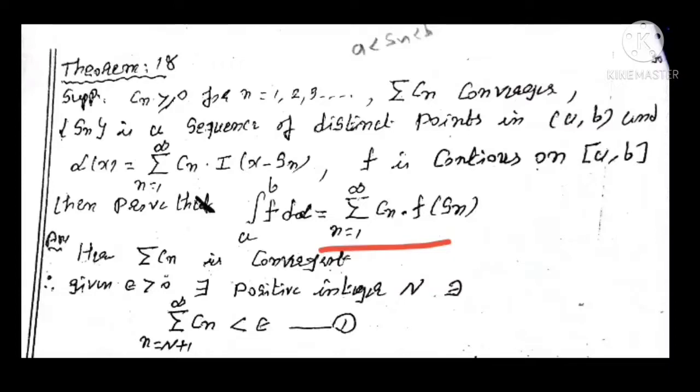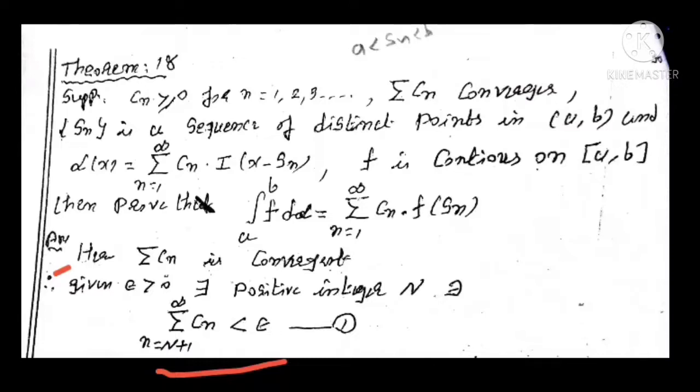Here sigma Cn is convergent. So by definition, given epsilon greater than 0 there exists a positive integer N such that sigma n is equal to N plus 1 to infinity Cn is less than epsilon.